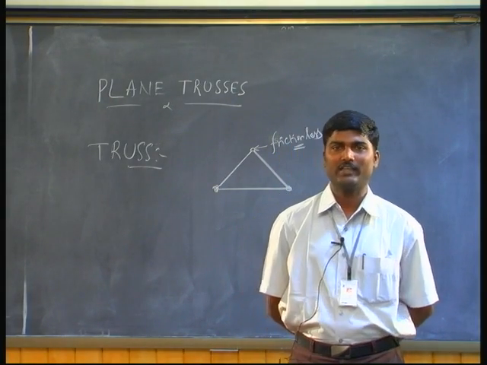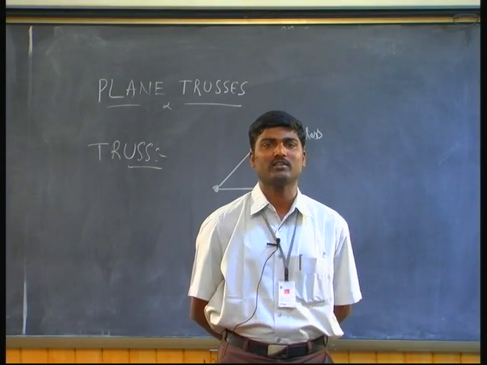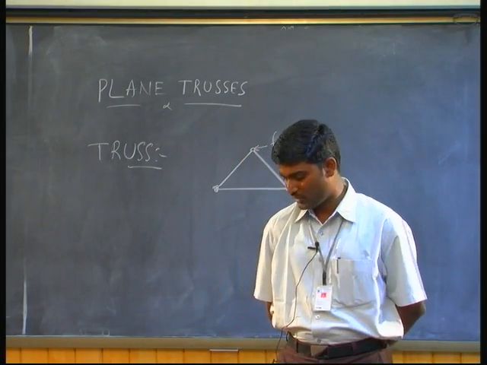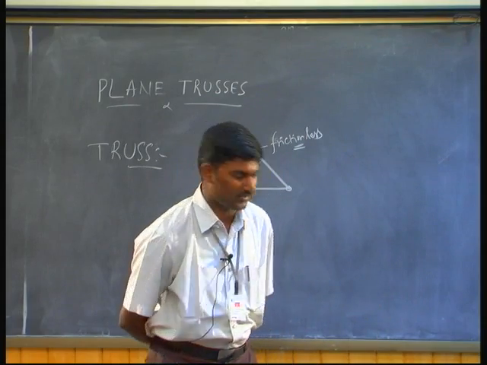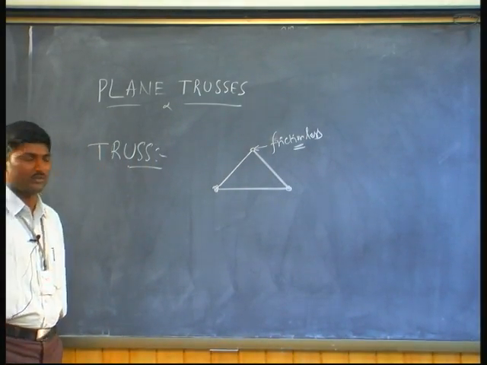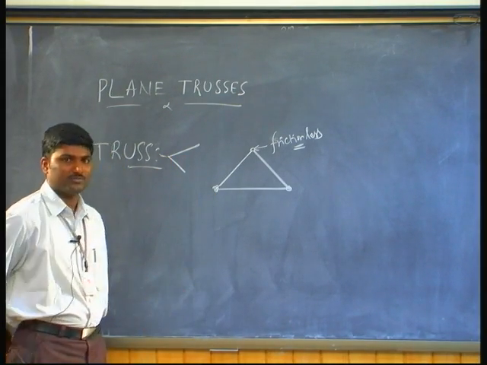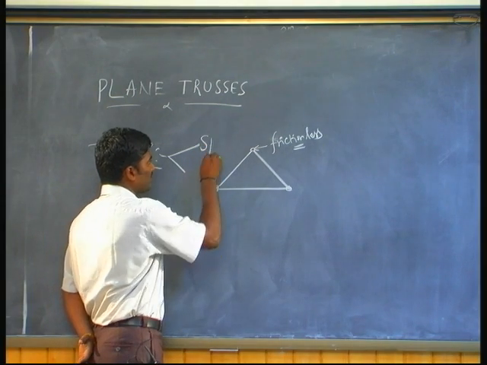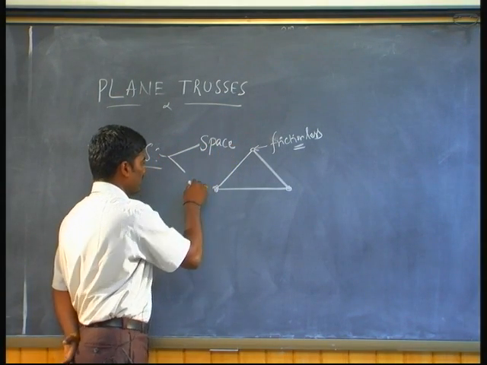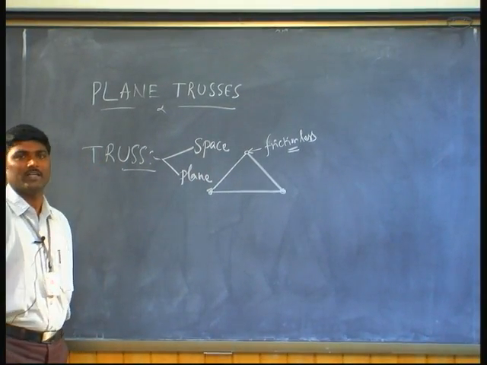So, a truss is a system of bars which are connected at their ends to form a rigid framework. Now, why am I calling it a plane truss? Because you have 2 types of trusses. One is a space truss, another one is a plane truss, which we are going to deal with.